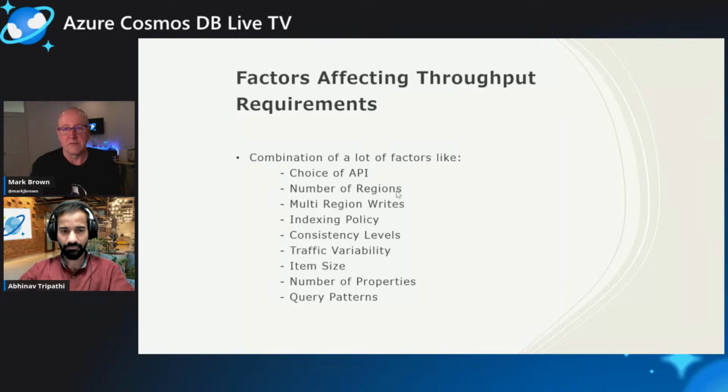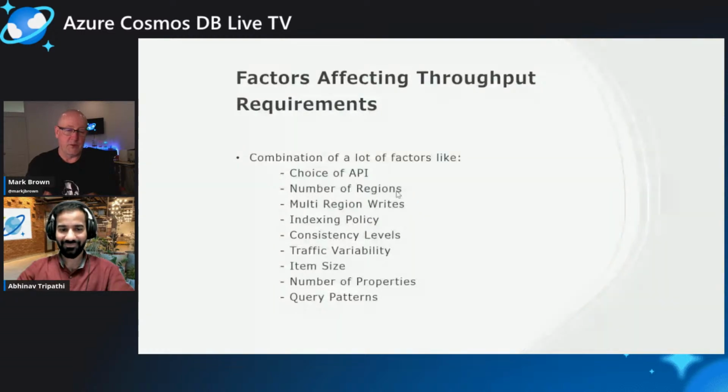The reason is that the reads are done from 2 replicas versus 1, because it's comparing the LSN for that record to make sure it's the same. That's how we guarantee consistency: you write to 3, read from 2. If they match, great, that's the latest record. If they don't, you take the higher LSN, and that is what's returned to the client. So just some internals on why those costs are different.